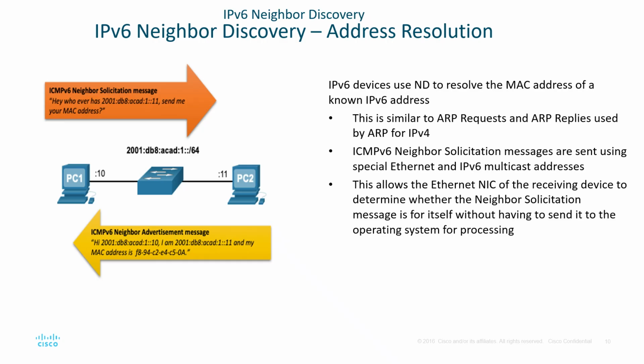In ARP, we were using broadcasting, which we know can cause a broadcast storm, take down your network, and let in threat actors. Here, neighbor solicitations are done with multicast addresses. This allows the Ethernet NIC of the receiving device to determine whether the neighbor solicitation message is for itself without having to send it to the operating system for processing.